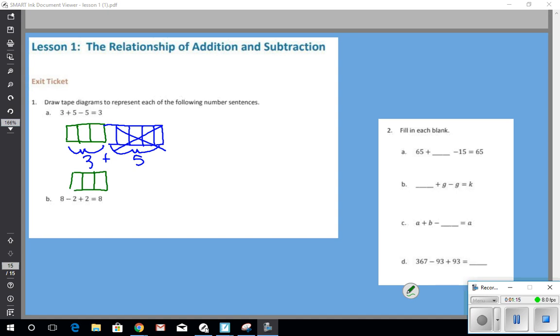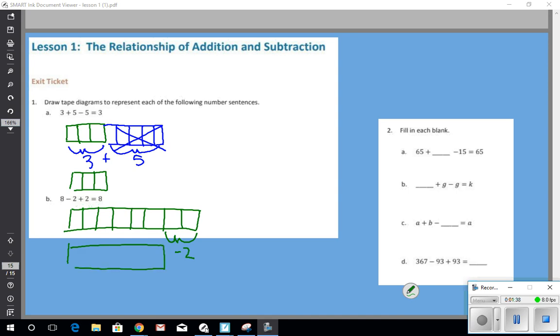Let's look at letter B. 8 minus 2 plus 2 equals 8. All right, so I need to start with 8. So I have 8. If I take 2 away, this is what I would end up with.